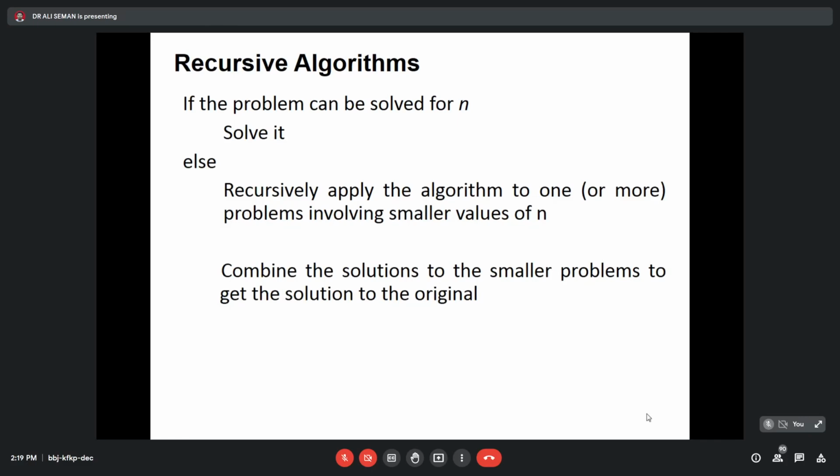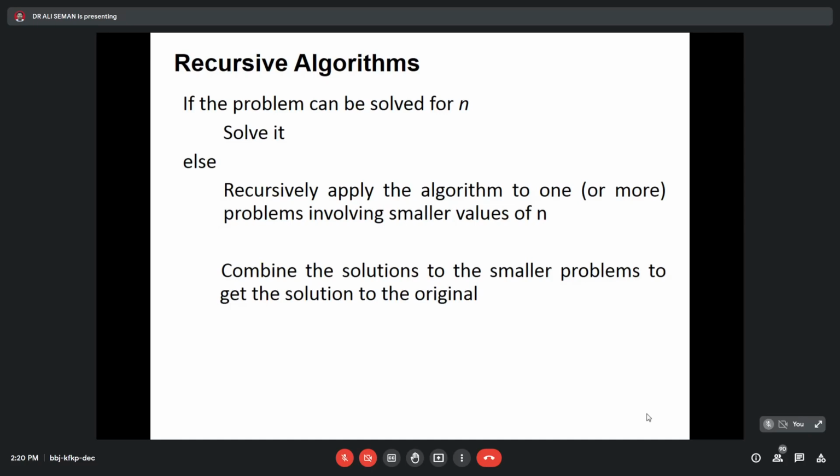Make the bigger problem break into smaller ones, smaller and smaller, until we reach a certain problem that we can solve directly. And after we finish that, combine the solutions to the smaller problems to get the solution to the original.